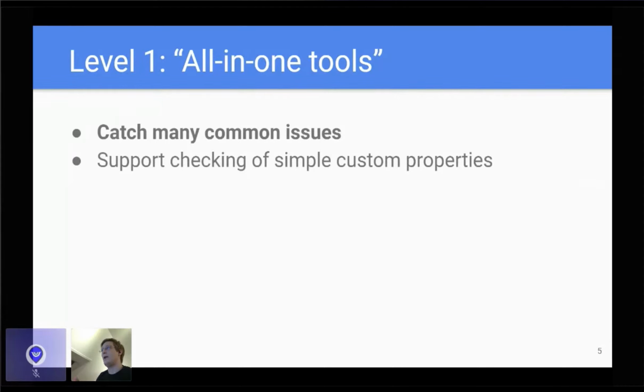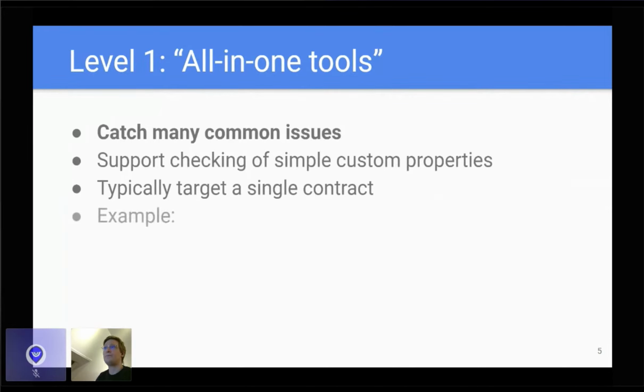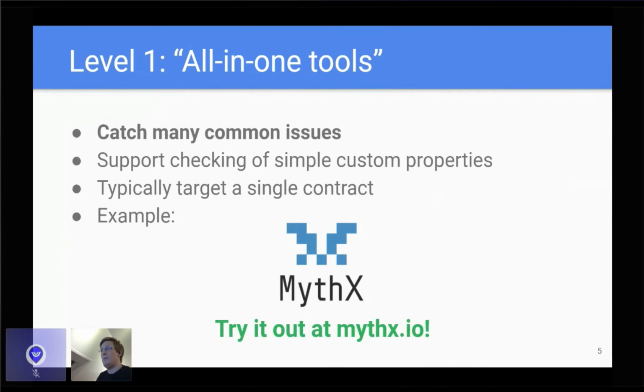They are able to check certain simple properties, but typically not very complex ones. And typically, they target a single contract at a time. An example of such a tool would be Mythx. It's a tool we're developing within Diligence. If you haven't tried it out, go to mythx.io and give it a try.